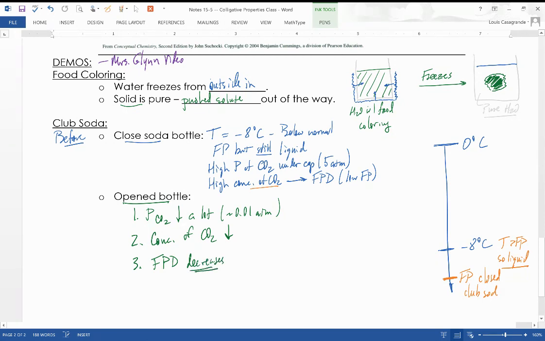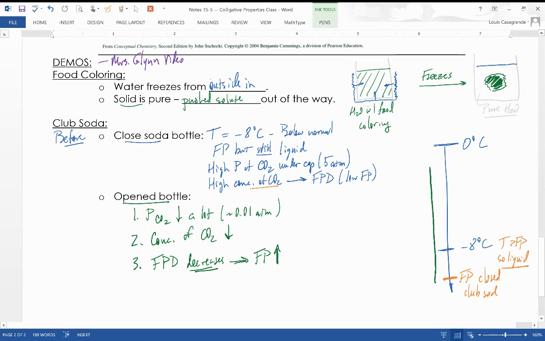Now, a decreased freezing point depression means that the freezing point goes up. Right? Freezing point depression goes up when the concentration goes down. So on the right, what's happening now is the freezing point, the green arrow, comes up.